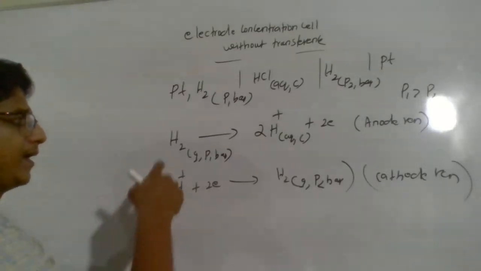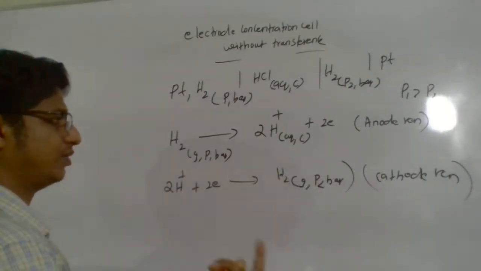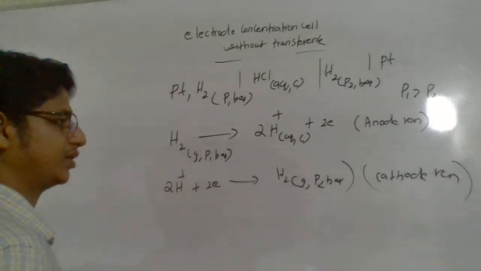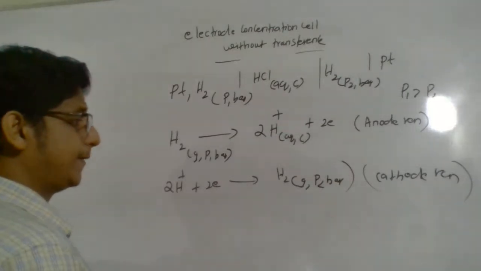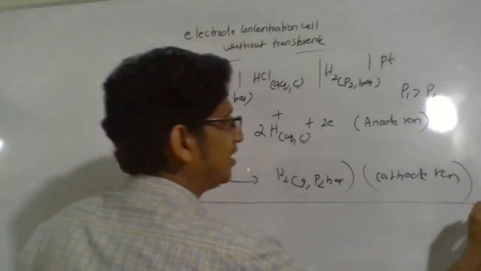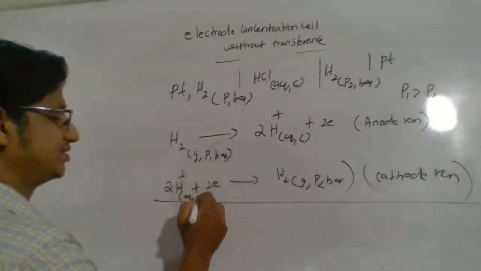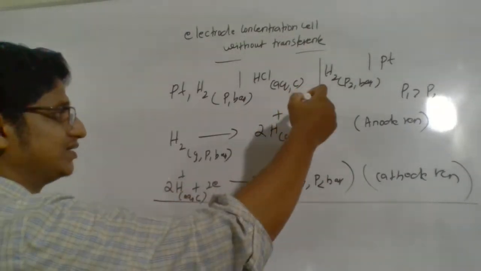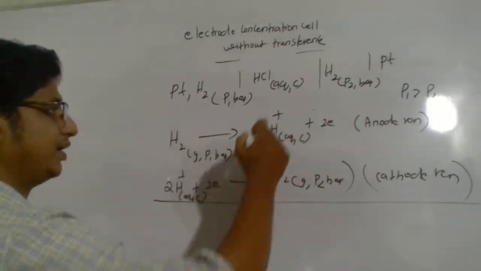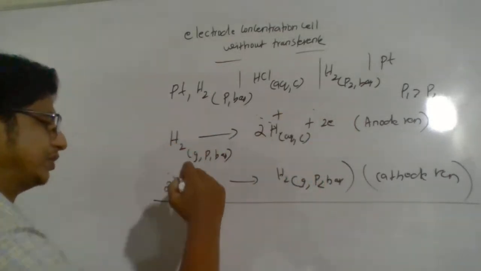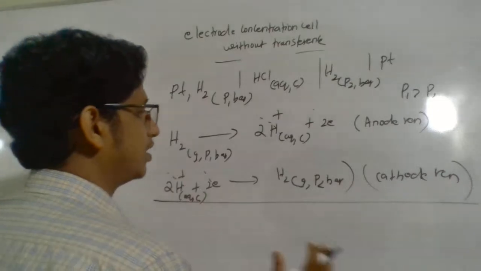Now let us imagine what's happening here. Hydrogen gas converting to 2H plus ion, and 2H plus ion converting to hydrogen gas. So overall reaction you can consider. Remember, both are aqueous. So here what will cancel? Electrons will cancel, and H plus ion will cancel, because both are in the equation.